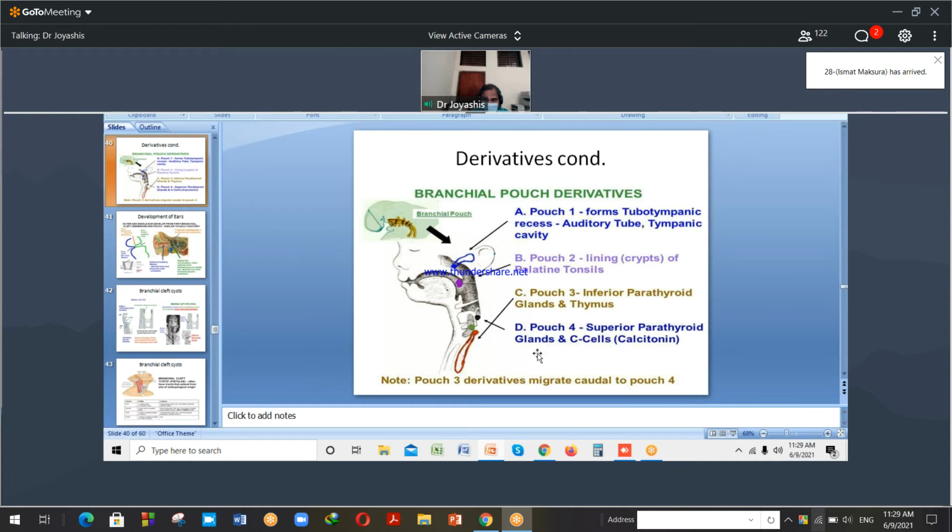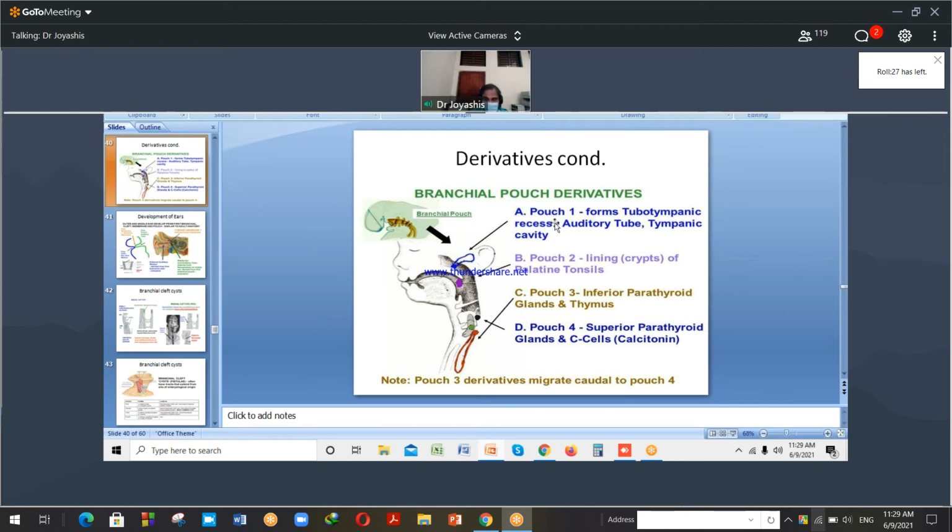It will also become the parafollicular or C cells associated with the thyroid gland, which produce calcitonin. Calcitonin is the hormone that regulates the calcium levels in the body.